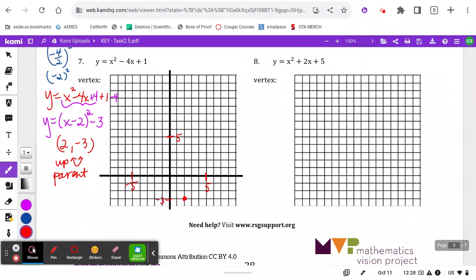All right, 2, negative 3, that's my vertex, and then counting the parent stretch up. Out 1, up 1. Out 2, up 4. Out 3, up 9. And you probably could even fit 416. I didn't check. Depends on how you scaled.